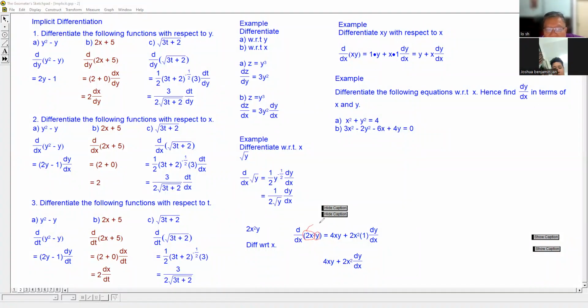Now, the first part you differentiate become 4x, then the y you don't differentiate, you just keep it because of the product rule.